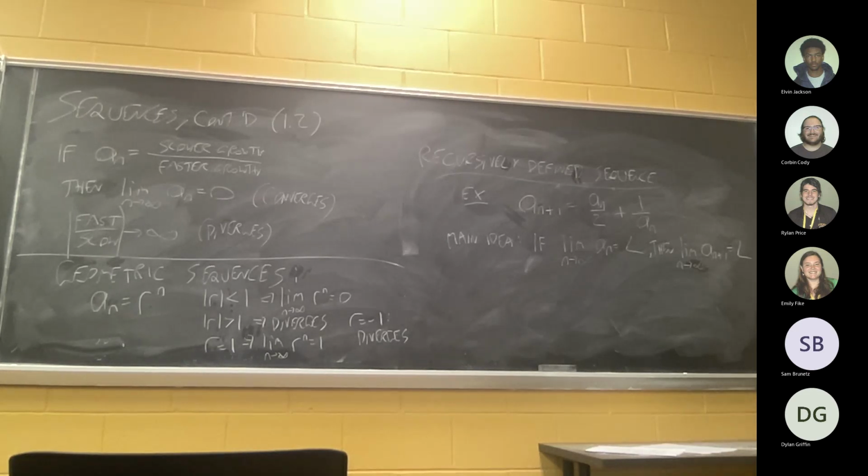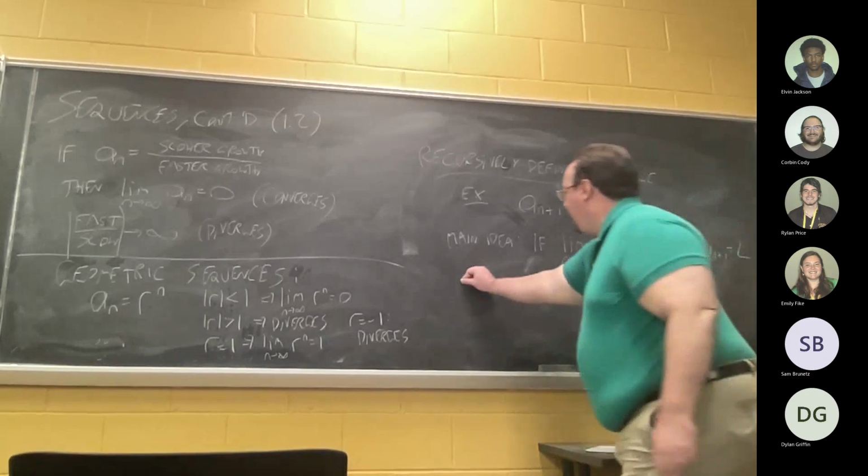Well, if the limit is non-zero, then that claim is true. It still doesn't tell us what the limit is. Okay. So what you can do is take the limit of both sides.